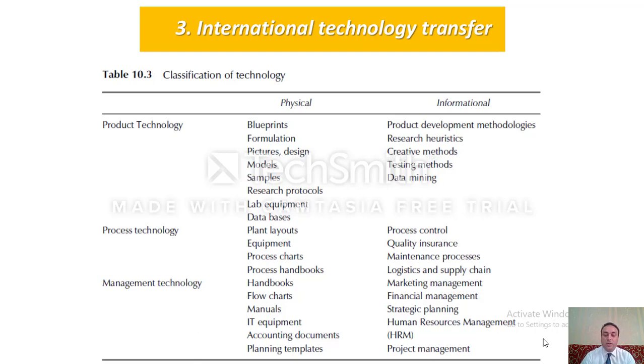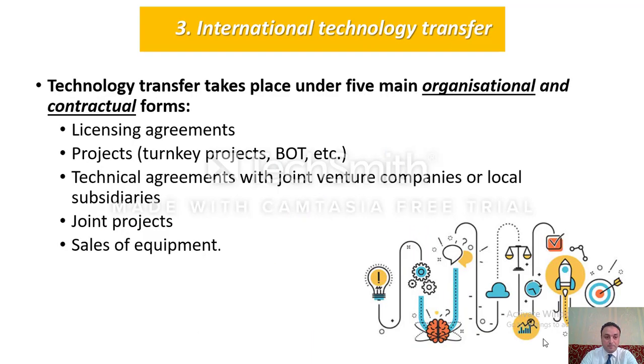We also have physical forms of transfer, like handbooks, flow charts, manuals, IT equipment, accounting documents, planning templates, and other informational forms, like marketing management, financial management, strategic planning, human resources management, and project management.